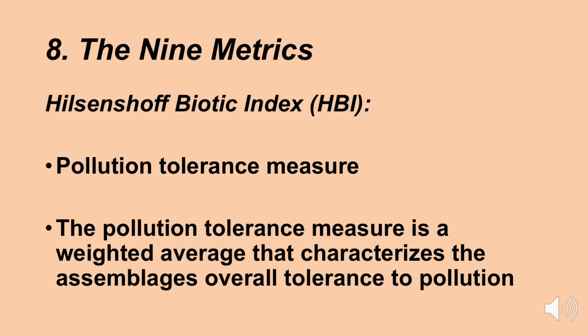Then we look at the HBI, the Hilsenhoff Biotic Index. It's a pollution tolerance measure. This pollution tolerance measure is a weighted average that characterizes the assemblage's overall tolerance to pollution.